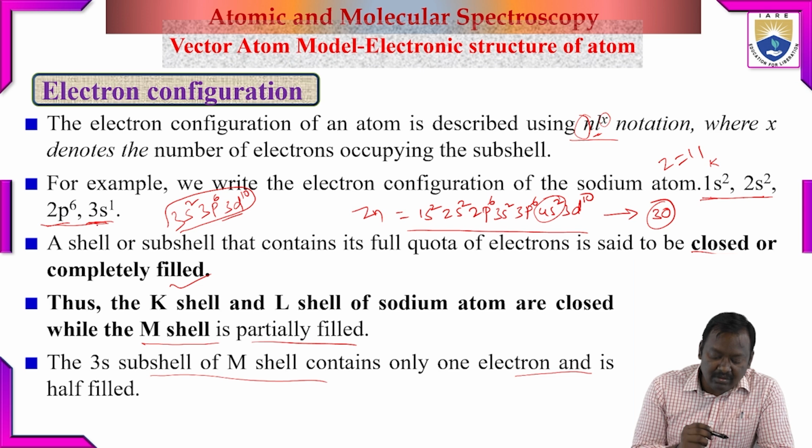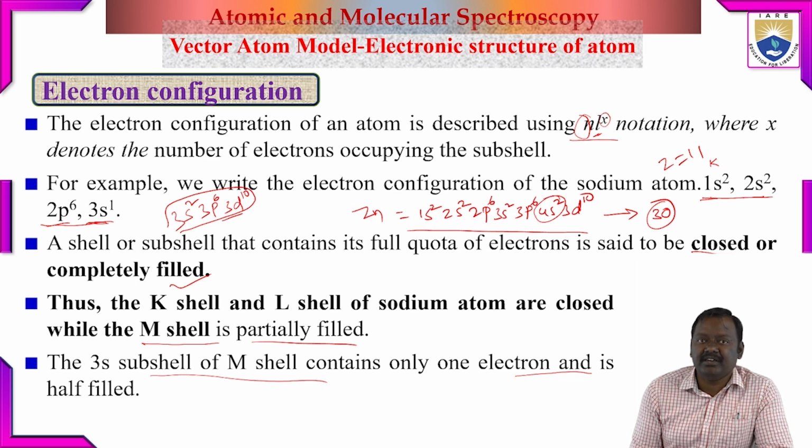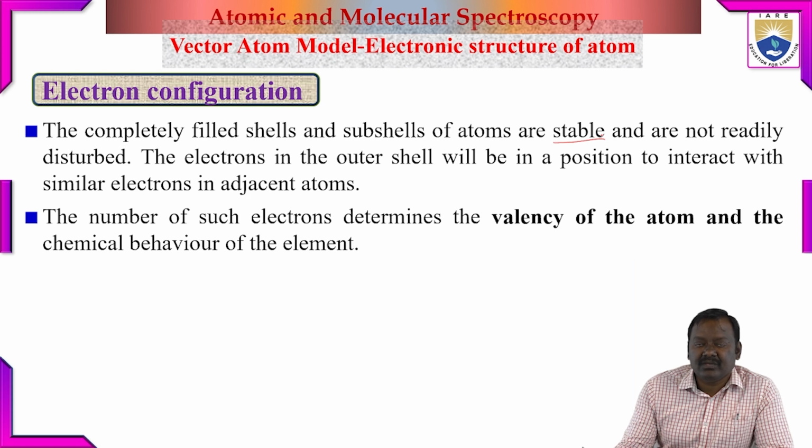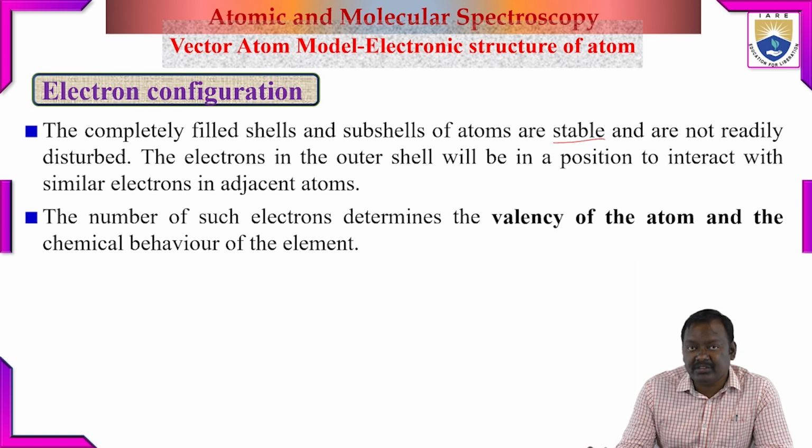Even if we talk about the subshell, it is also not completely filled. It is half filled. The completely filled shells and subshells of atoms are stable. One more rule: if the shell or subshell is completely filled, then we can say the atom is strongly stable, and it is not readily disturbed.